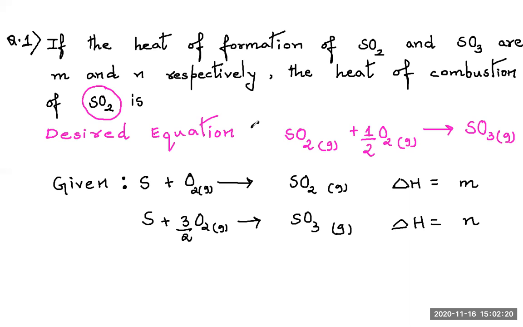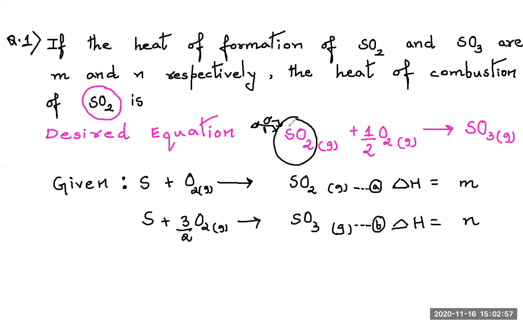Now I look at the desired equation. The first thing I want is sulfur dioxide, which I see in this equation, say A, and this is say B. So I see it in equation A. It is on the right side, but students, in equation A, sulfur dioxide is on the right side, but in the desired equation, I want it on the left side.